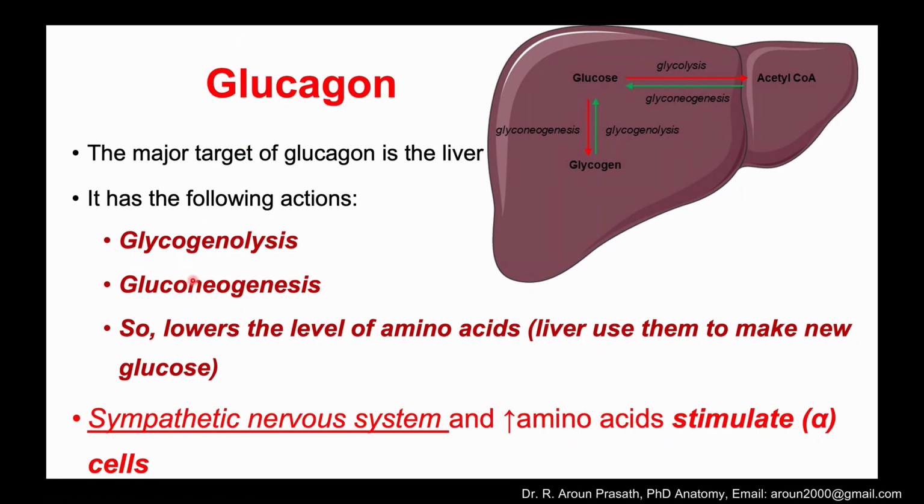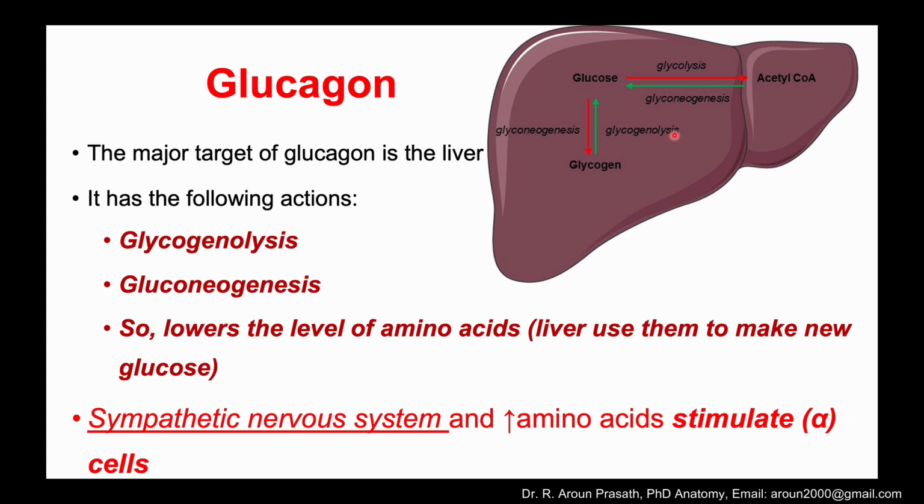These are the terms that you need to understand in biochemistry. Conversion of glucose to glycogen by insulin is called glycogenesis. Then conversion of glycogen into glucose by glucagon is called glycogenolysis.